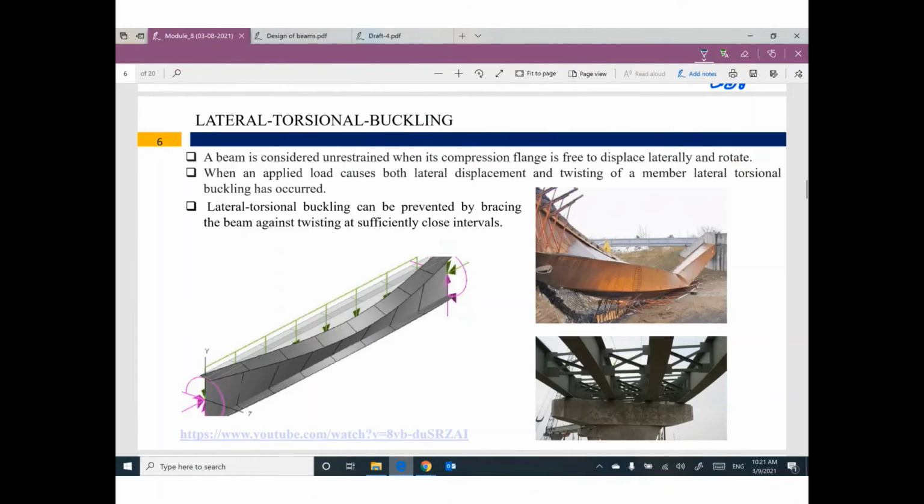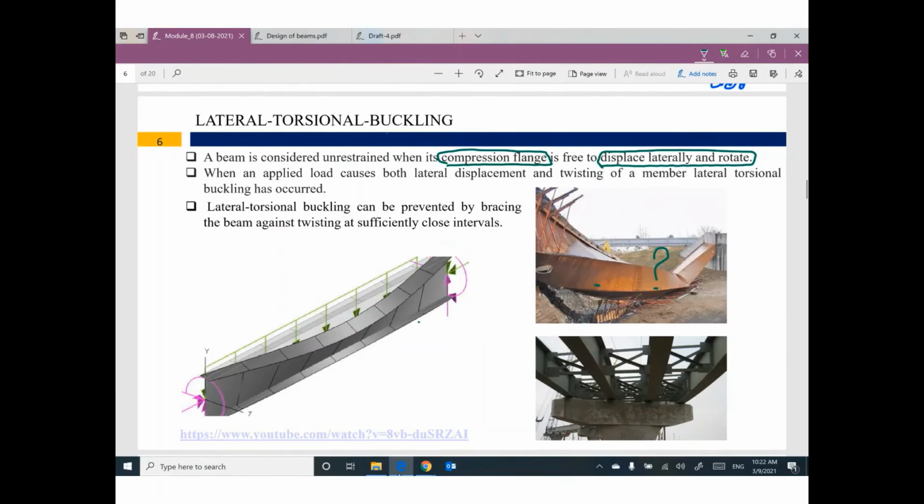Can you see here? Displace laterally and rotate. Which flange? Any flange? No. The compression flange. When under compression, we have collapse here for this steel beam due to the effect of lateral torsional buckling.